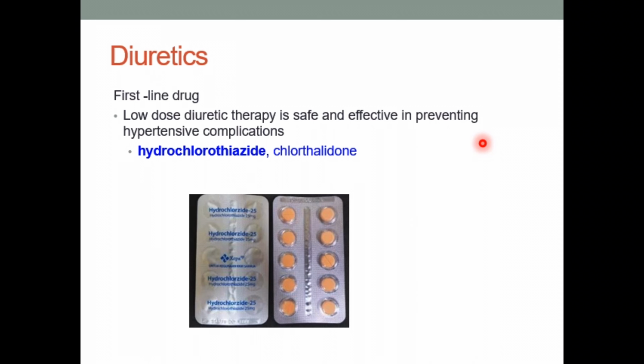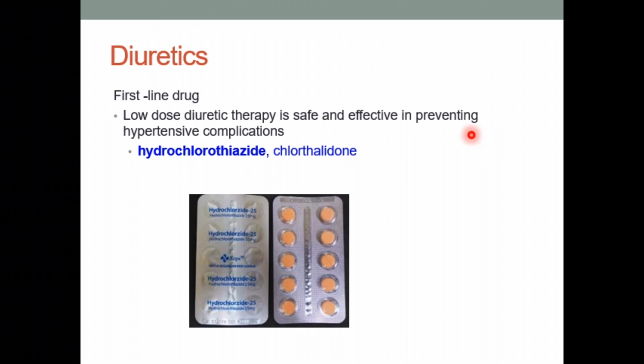Next, we will now go on to the diuretics. Actually, there are many types of diuretics. You can find more details in the lecture on diuretics, but for the antihypertensive agents, we're just going to concentrate on one of the diuretics, which can lower the blood pressure.